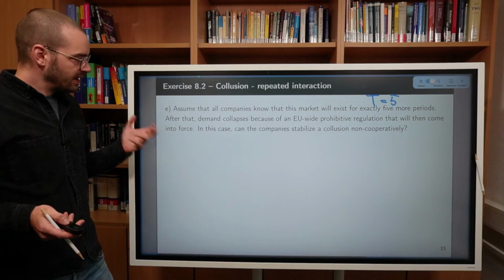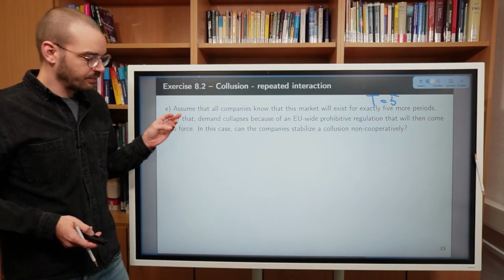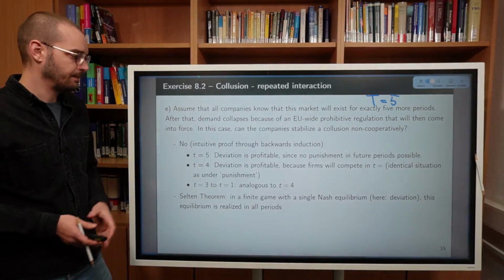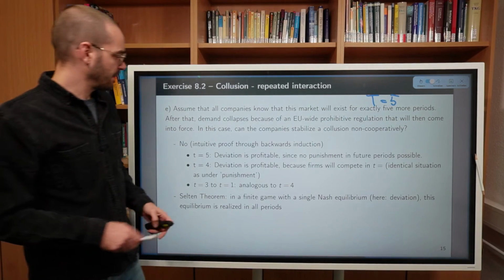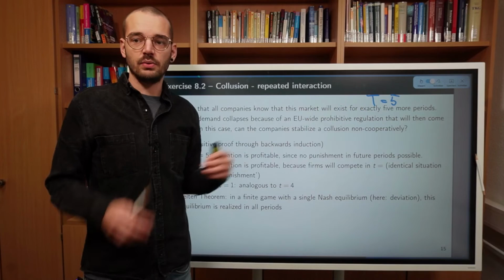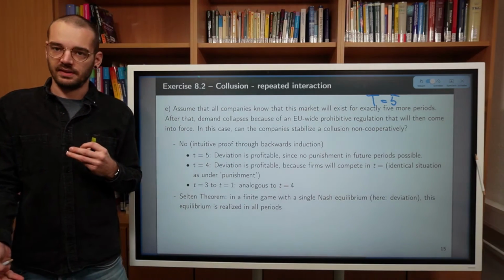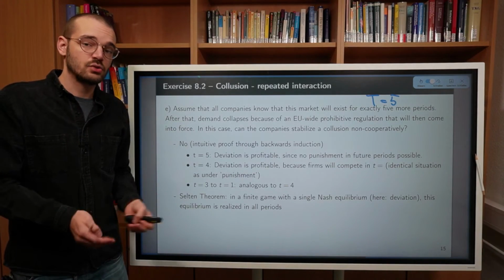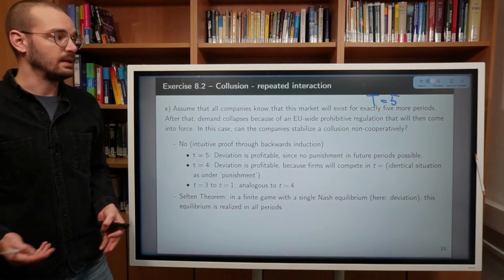Now, it is probably the easiest to answer this intuitively, and that means we can simply, because now we converted this into a sequential game with finite periods, right? And we already know a very strong tool to analyze sequential games.